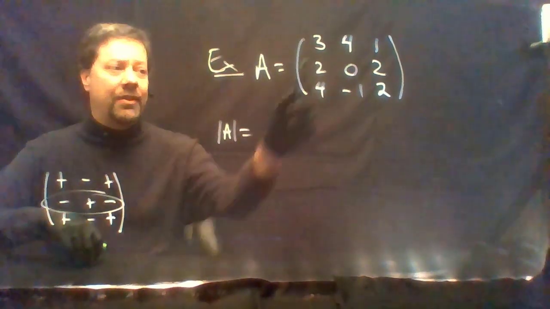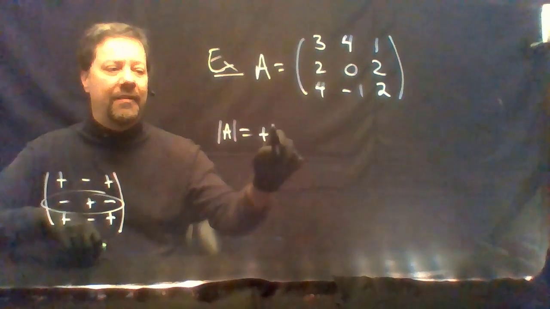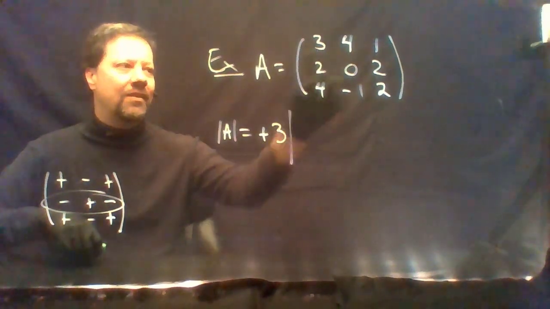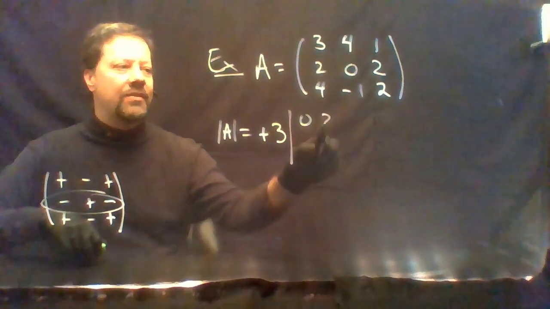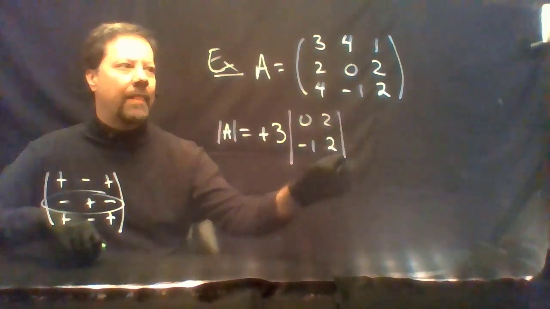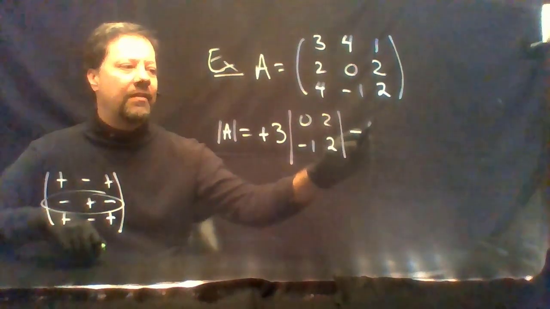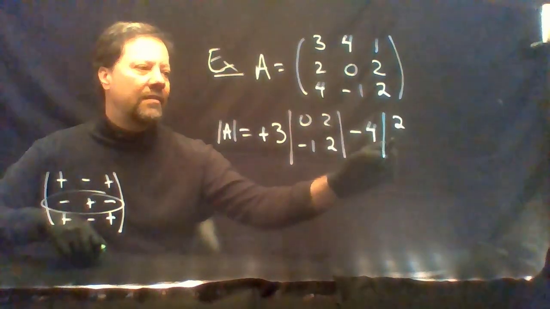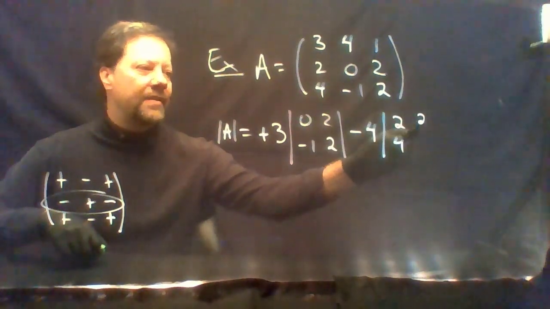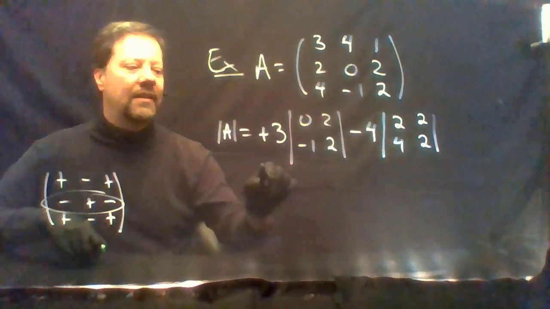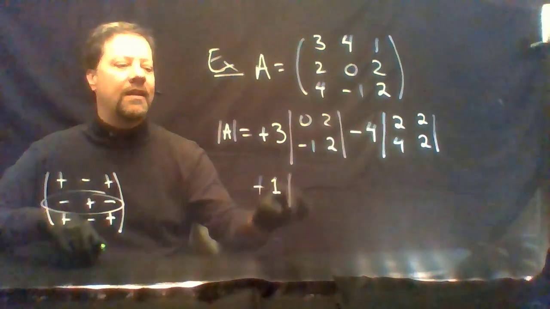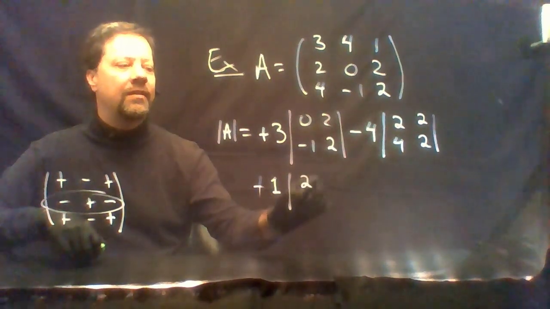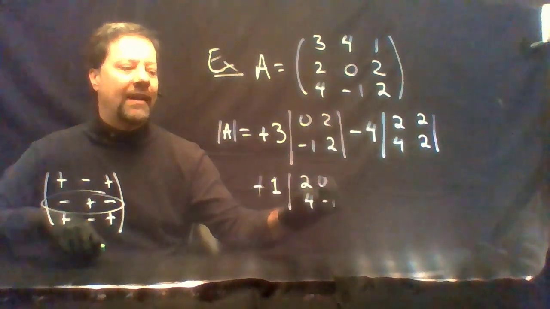The determinant of A should also be a positive 3 times its cofactor, 0, 2, negative 1, 2, minus 4 times its cofactor, first column would be 2, 4, and the second column 2, 2, and then plus 1 times its cofactor, 2, 0, 4, negative 1.